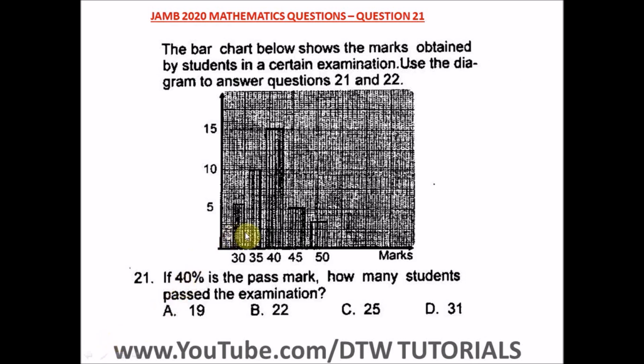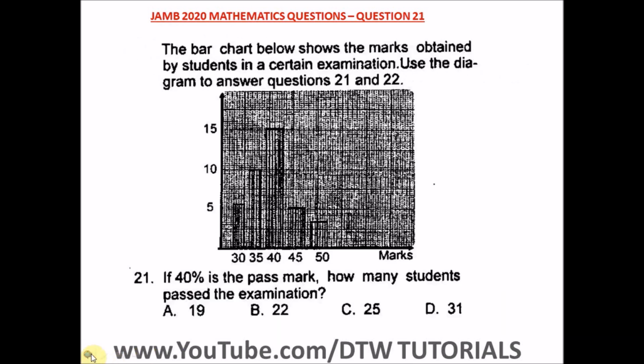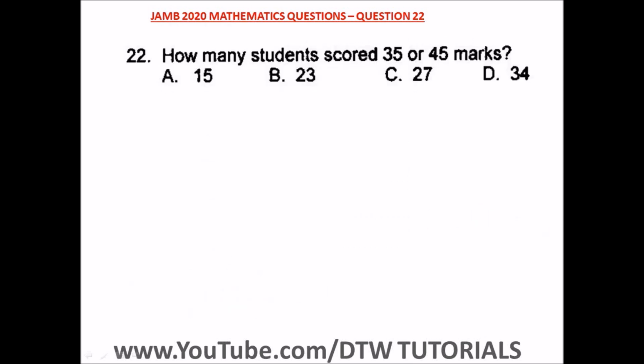How many students scored 35 or 45? 10 students scored 35, then 5 students scored 45. So we have 10 plus 5, which is equal to 15. So 15 students altogether scored 35 or 45. So the answer is A. So that is for number 22.